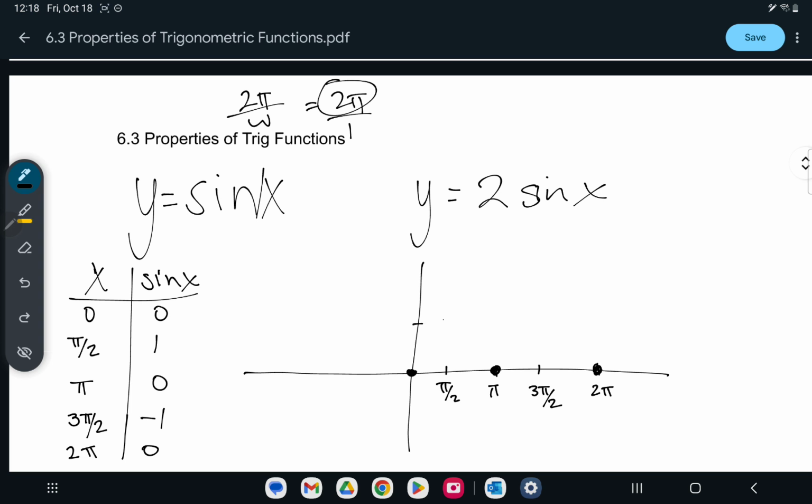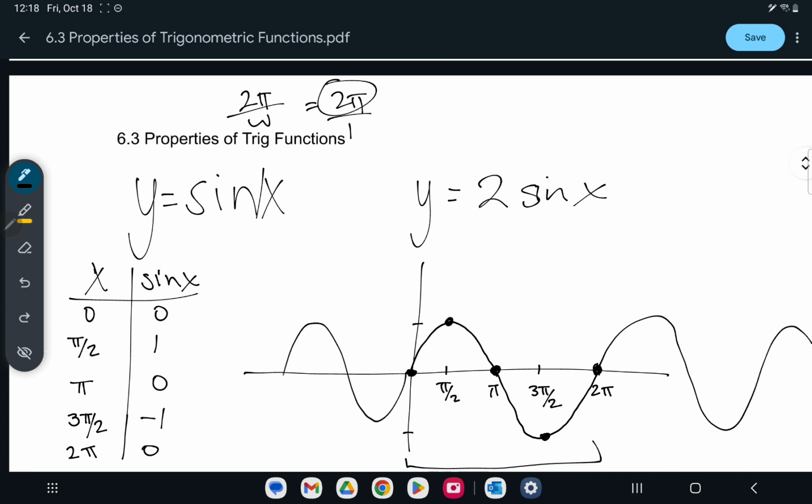See, pi over 2, it's at 1. 3 pi over 2, it's at -1. So our sine function is going to look something like that. Our period is 2 pi. So it's going to start repeating again. So I can go up, down, and it's going to keep going in both directions. Okay, something like that.